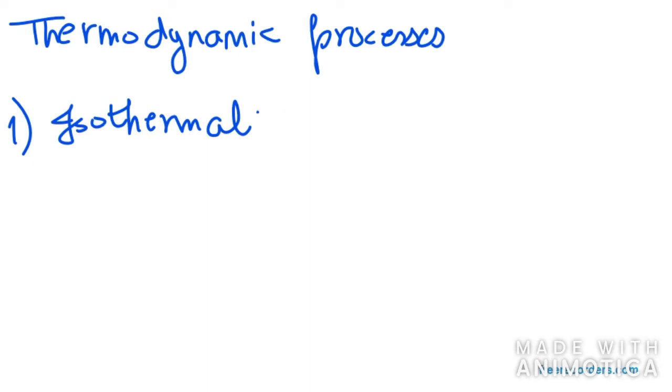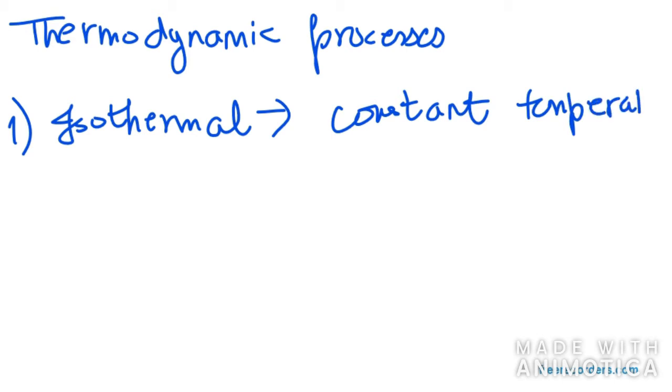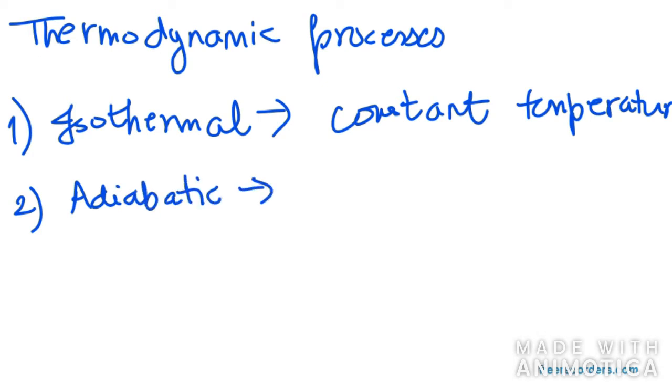Isothermal is that which occurs at a constant temperature. In this case, the temperature should be the same throughout the process. The second one is adiabatic. As we have already discussed, in adiabatic no heat enters or leaves.